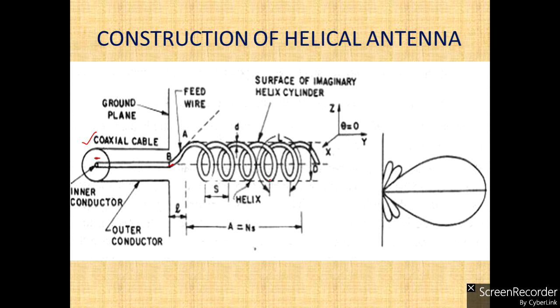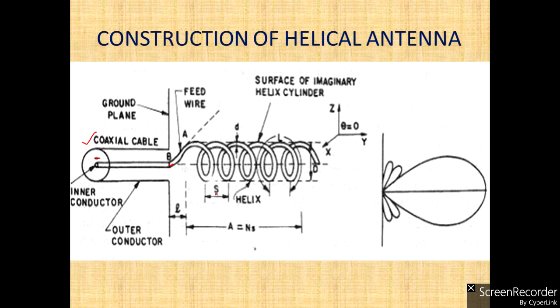So the circumference of one loop has been taken as capital L, and in some books it is circumference C. Then the width of this conducting wire has been taken as small d, and the distance between each turn is considered as capital S.